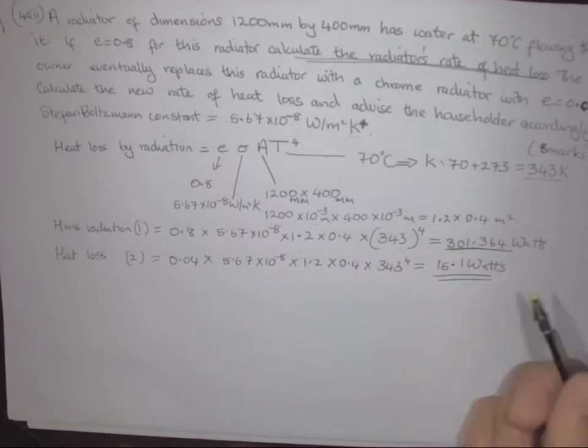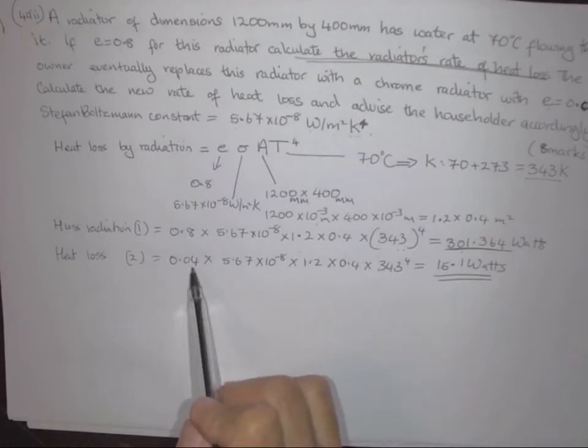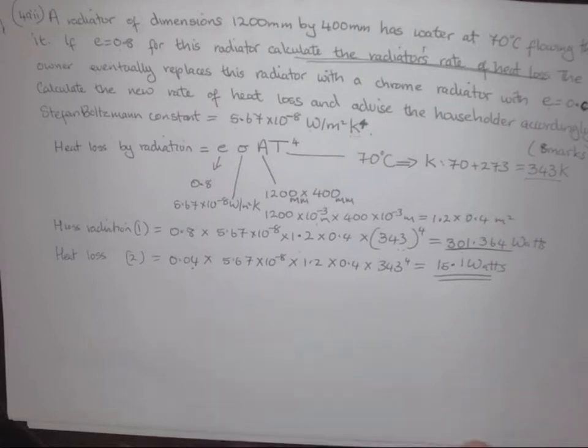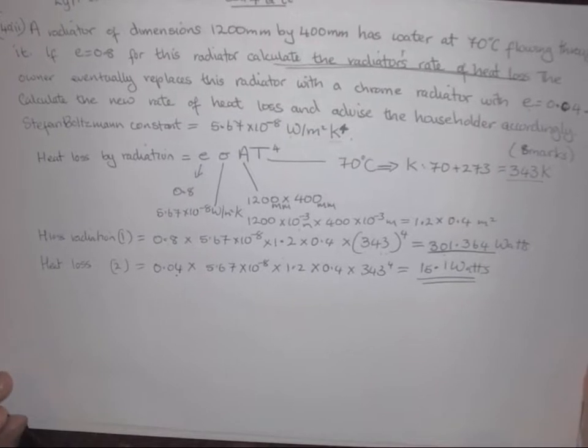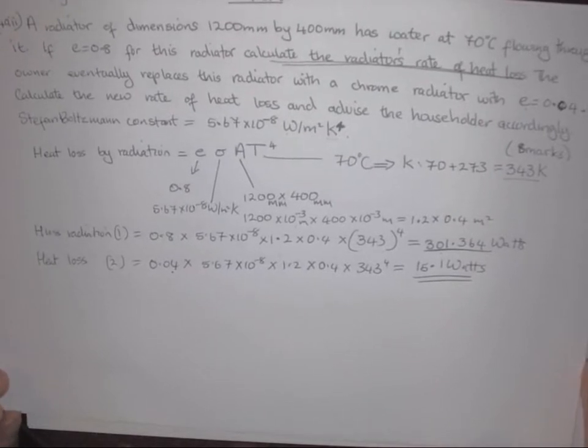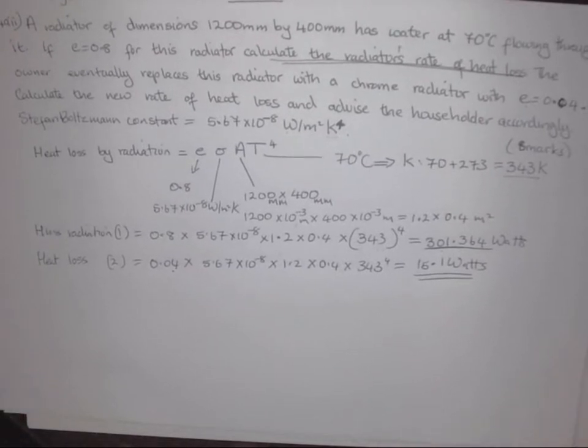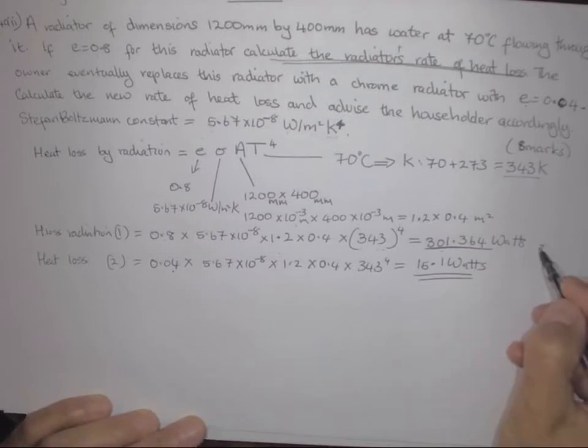You can see that as the emissivity constant of the second radiator is so small, it's not going to release as much heat. So now you have to recommend which radiator you would recommend to the householder. Well, a radiator is meant to radiate or release heat, so you want the one that releases the most heat, and that was the first one.